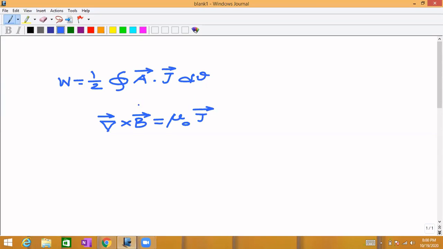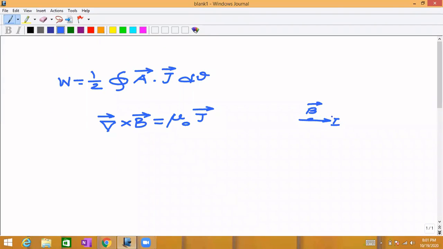So this equation holds for a point. At a point this equation is applicable. Suppose this is a point and this point is in a magnetic field and there is also some current passing through this point. Okay. Suppose the current passing through this point is I, and the magnetic field at this point is B vector.